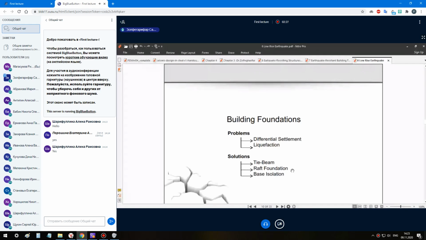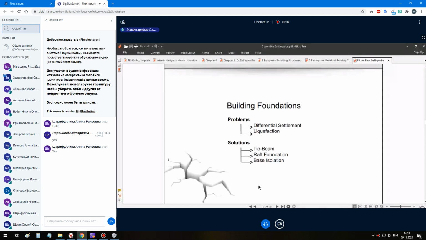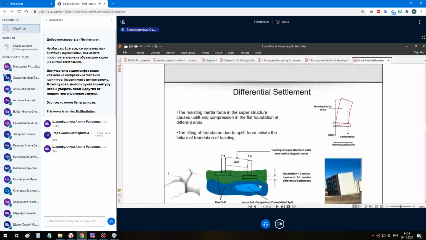We have three solutions for building foundation problems. First, using high beams. The second solution is to use a raft foundation. The third solution is base isolation, as I described in the last sessions.